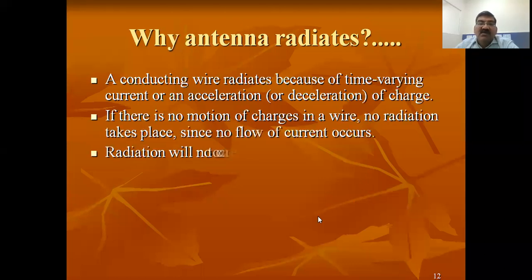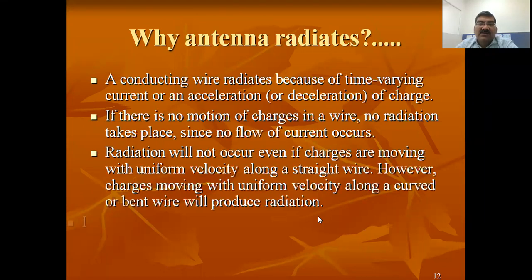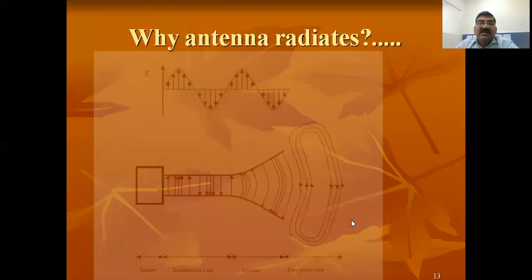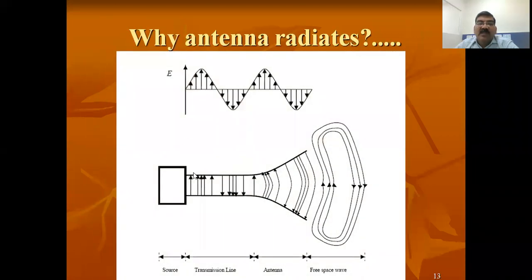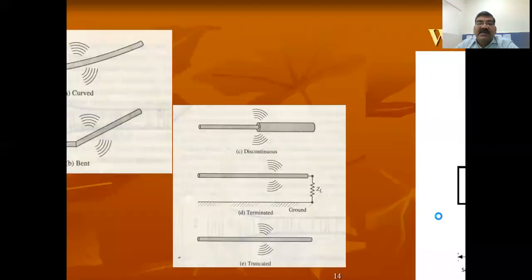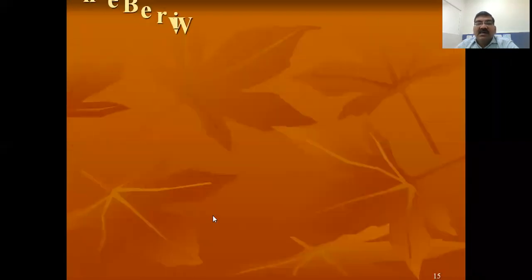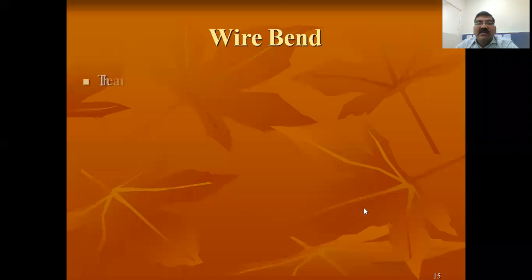Further, whatever wires we are using, generally we say the wires are the radiator. So this is the source, transmission line, antenna, and in free space the antenna will radiate. These are the bend curves. These are the requirements; if they are there, then it will radiate.